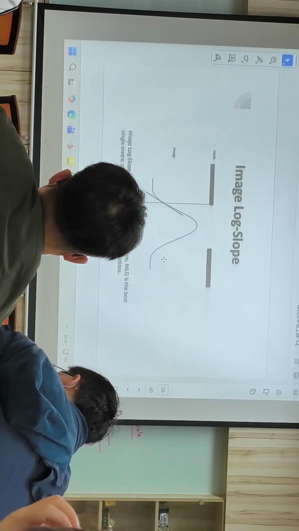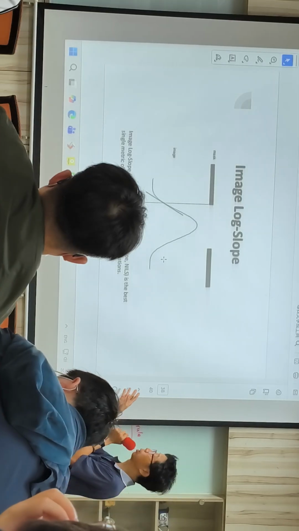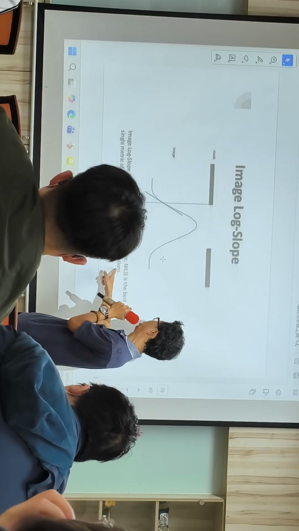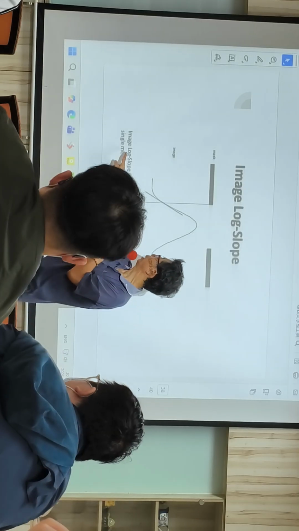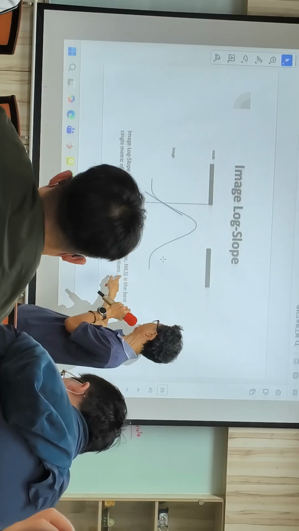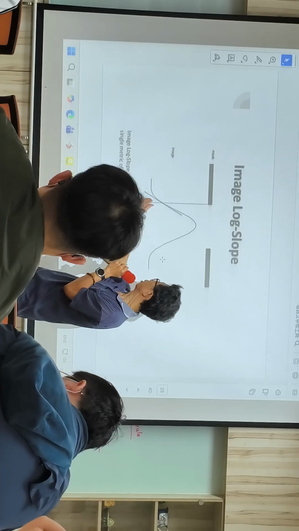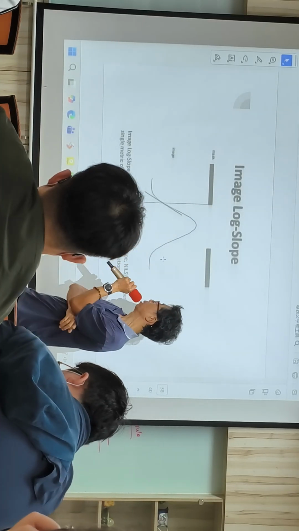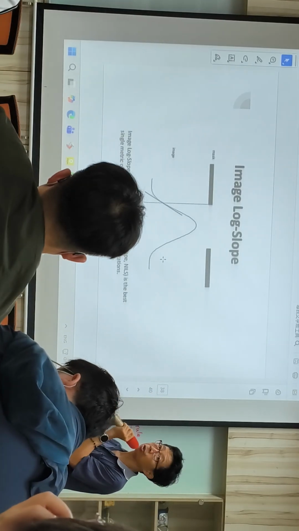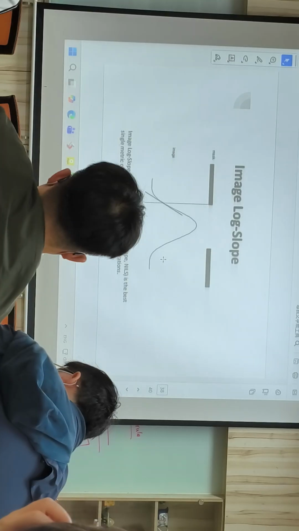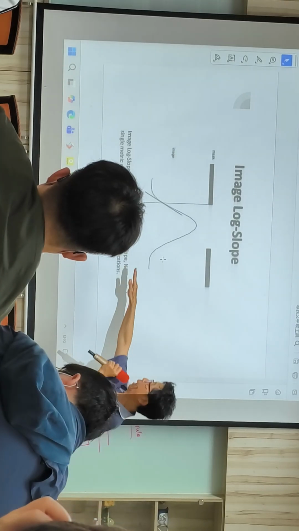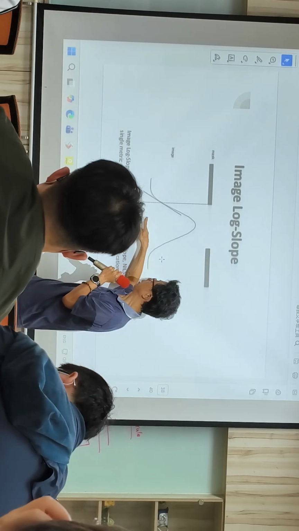Also, there is a term we call image log slope, ILS. If we normalize with the CD, it's NILS. Basically, it is where you have the largest slope at the image edge. Image log slope tells you that if you have a flat, that means your slope is 0.